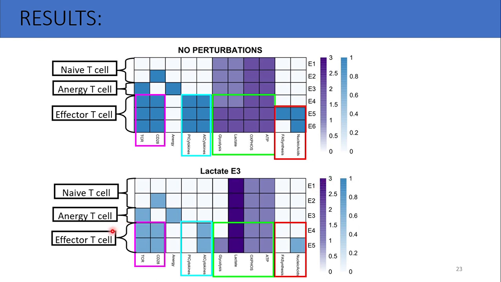In states E4 and E5, high lactate levels cause a decrease in glycolysis, inhibiting biosynthesis, and cause a decrease in ATP synthesized by oxidative phosphorylation.